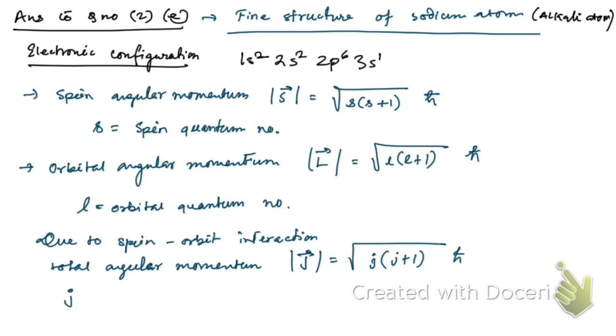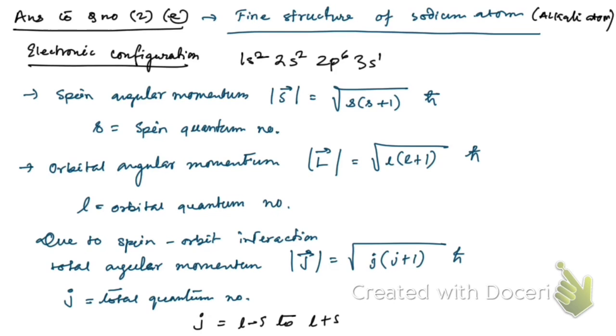So this small j is the total quantum number, right? So hope you have understood this, and here we must know that this small j is equal to L minus S to L plus S. So we must know these things, and we must also know this.